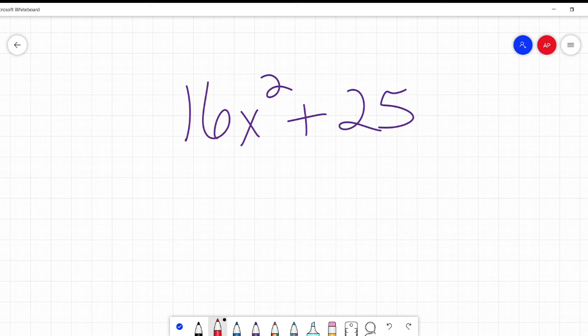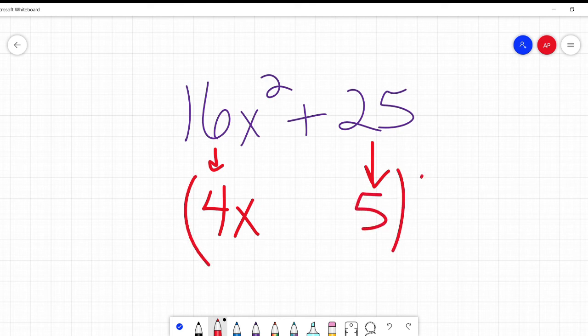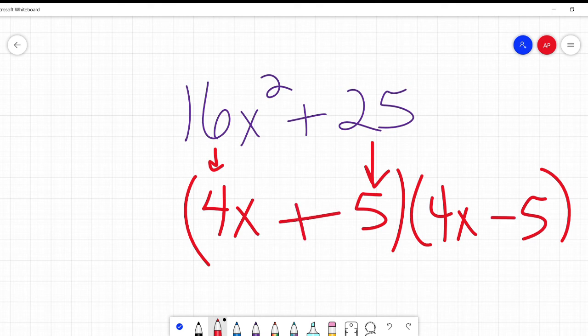I got this. 16, that's a perfect square. That's 4. Square root's 4. X squared, that's a perfect square. Square root is x. 25, that's a perfect square. Square root is 5. All right, I got this. Plus, minus, drop the mic, I'm done. No, you just got it wrong. And why did you get it wrong? Because they tricked you by changing that minus to a plus.